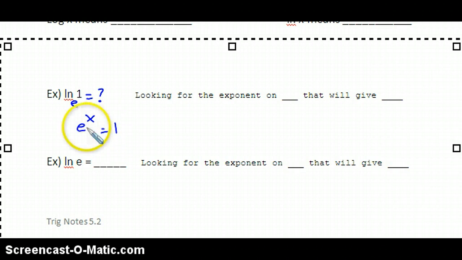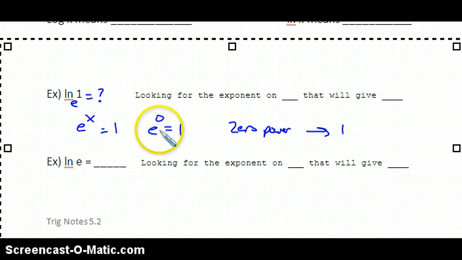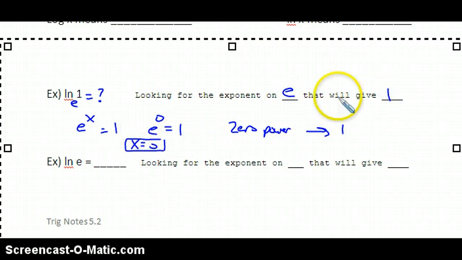The only way I'm going to get that is remembering the 0 power rule: when I raise anything to the 0 power, I get 1. So e raised to the 0 power gets me 1. My answer is 0. Again, I was looking for an exponent on e that would result in 1. e raised to what power gives me 1? That would be 0.